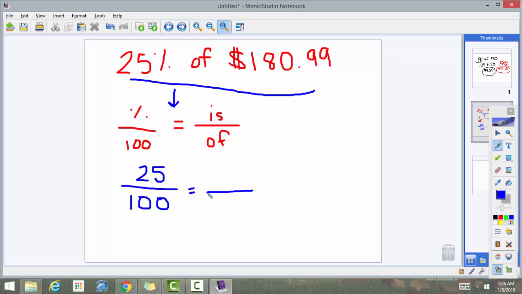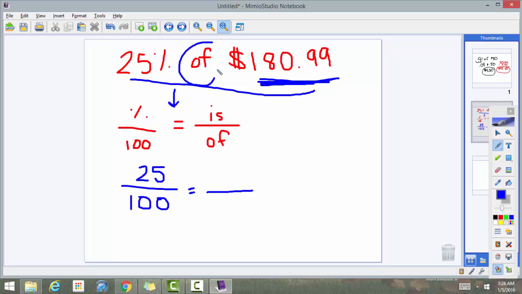Essentially, we just took the percent and made it a fraction. So it is no longer a percent. I'm not going to use the percent button right after the 25. So it's just a straight up 25 over 100. But now I have to figure out where's the only other spot for $180.99 to go. If I put it on the top, that means I already paid $180.99 and I'm trying to find the original price.